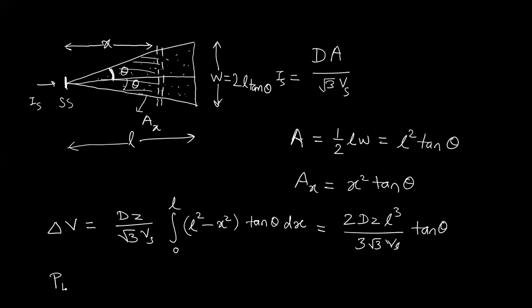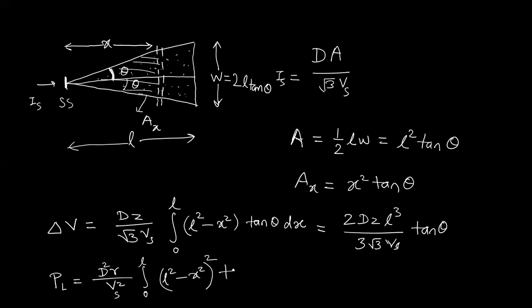Similarly, for the power loss, I'm not showing the detailed steps of integration. You can carry out that integration. The power loss, similarly, we can write from the previous slide, is D square r divided by Vs square, and then integration 0 to L. So we need to take the square of this quantity, A minus Ax whole square. So that becomes L square minus x square, entire square.